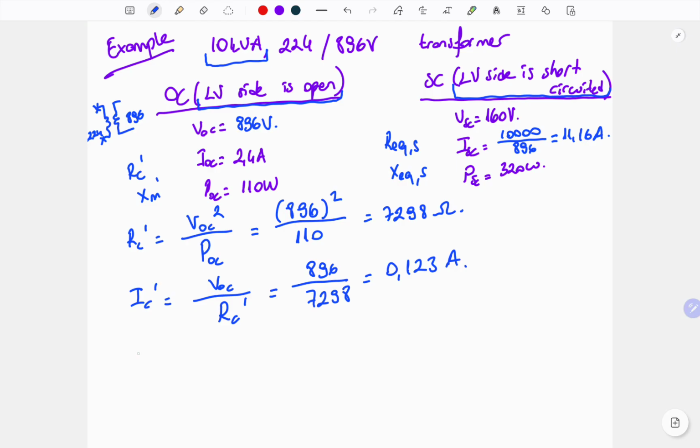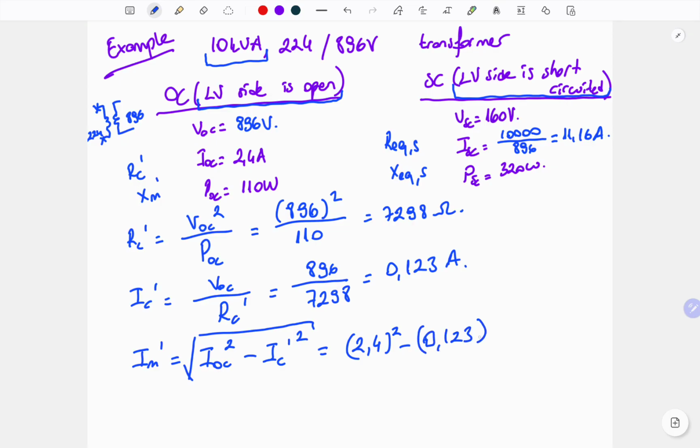And we can use the magnitude of the current relation. How? The open circuit current will be the total current flowing through the excitation branch. And IC, as we said, is the current through the core resistance, which is the resistance of the parallel excitation circuit, and the remaining part represents the imaginary part of the current, which is flowing through the XM.